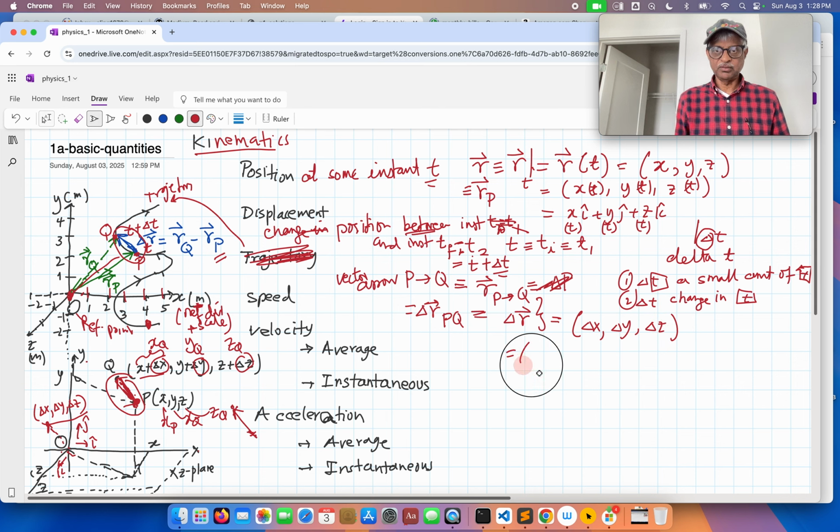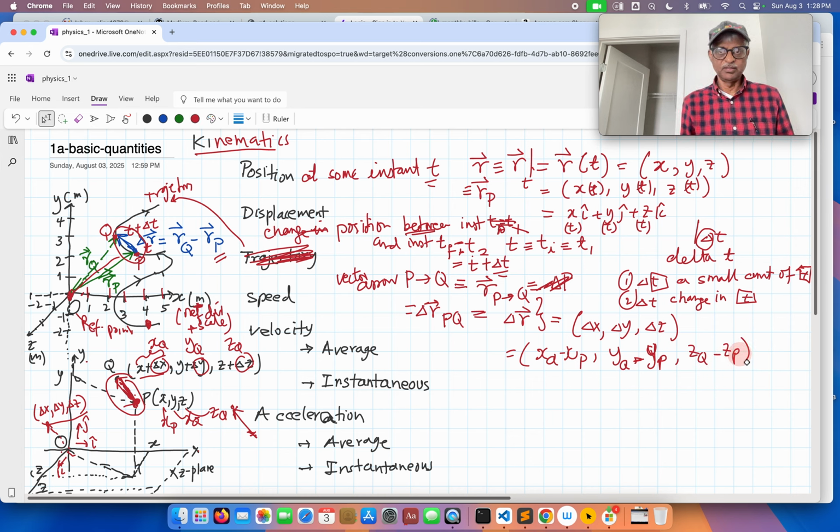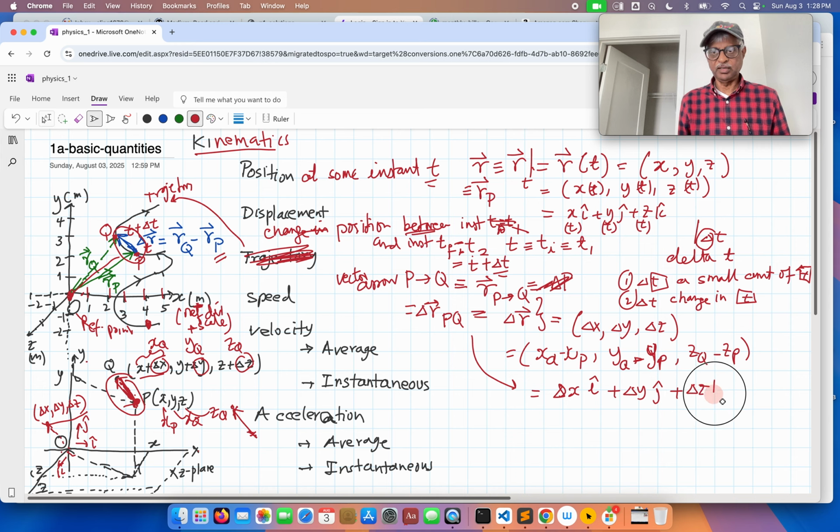It is X of Q minus X of P, Y at Q minus Y at P, Z of Q minus Z at P. And of course this is a vector, so another way to write it is delta X i hat, delta Y j hat, delta Z k hat.